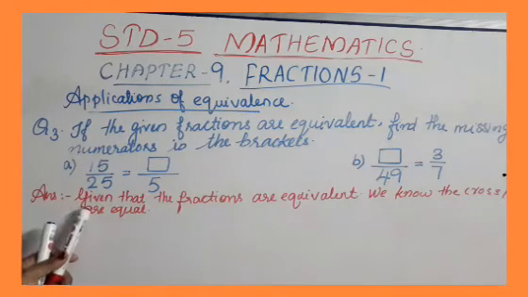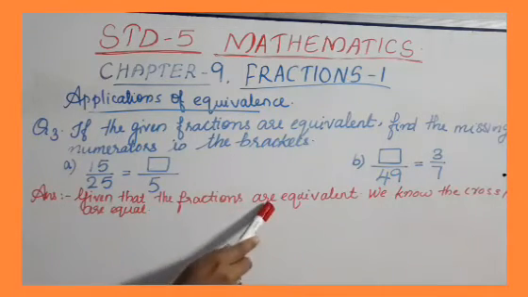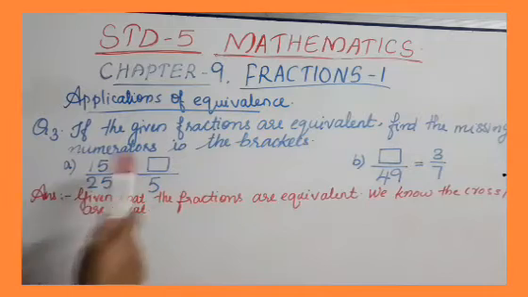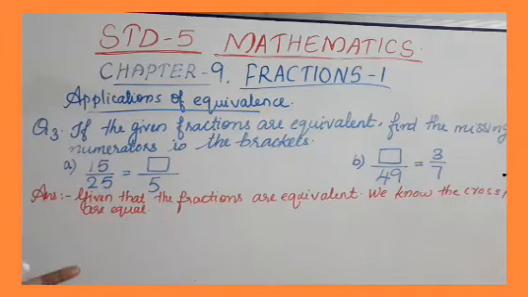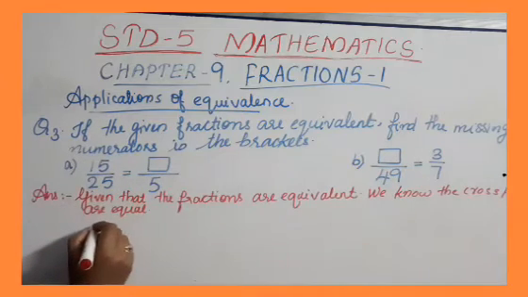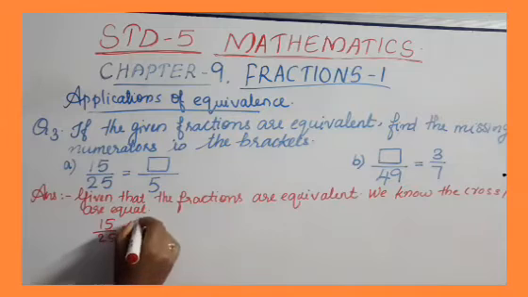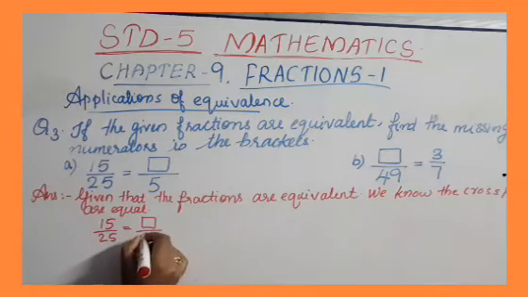Here it is given that the fractions are equivalent. We know the cross products are equal. If these are equivalent fractions, then their cross products will be equal, isn't it? So look children, how to answer this. I am writing that once again: 15 by 25 is equal to dash by 5.